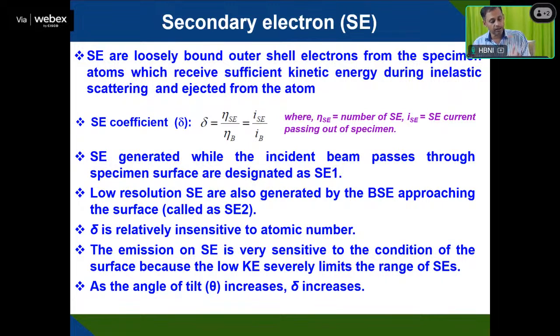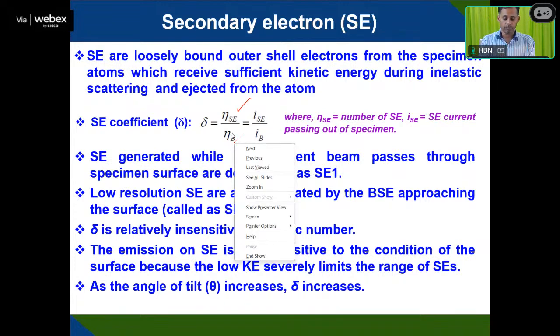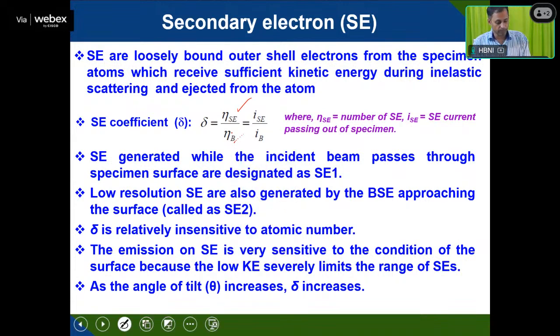Similarly, the secondary electron also leaves the specimen, as I already discussed, after absorbing some kinetic energy from the material. If you overcome the binding energy, then the electron will come out with sufficient energy. That electron will be a secondary electron, and that coefficient will be the number of secondary electrons divided by the total number of incident electrons you are applying.